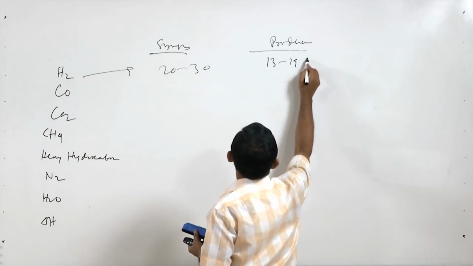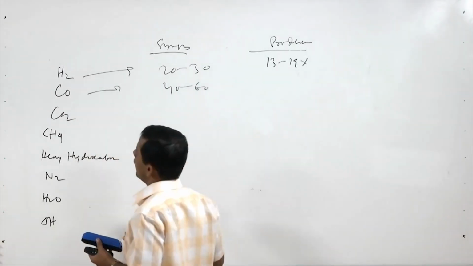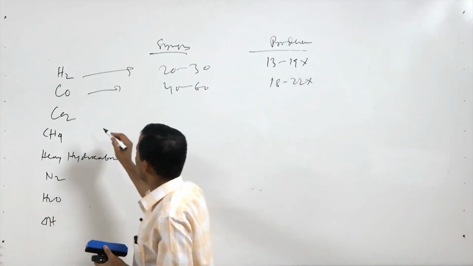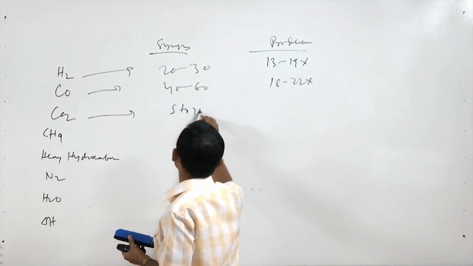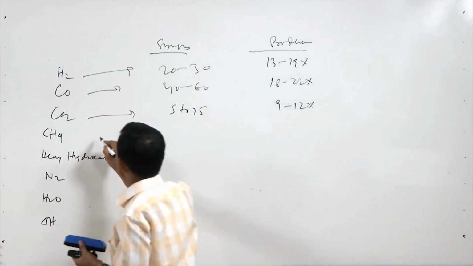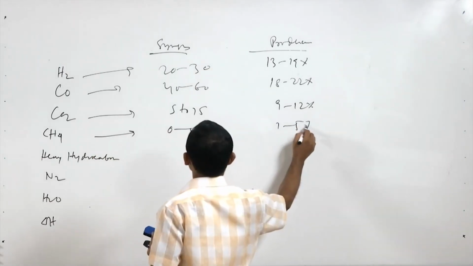For carbon monoxide, it is 40 to 60% for syngas and only 18 to 22% for producer gas. For carbon dioxide, it is 5 to 15% and 9 to 12%. CH4 is less, 0 to 5% and 1 to 5%.